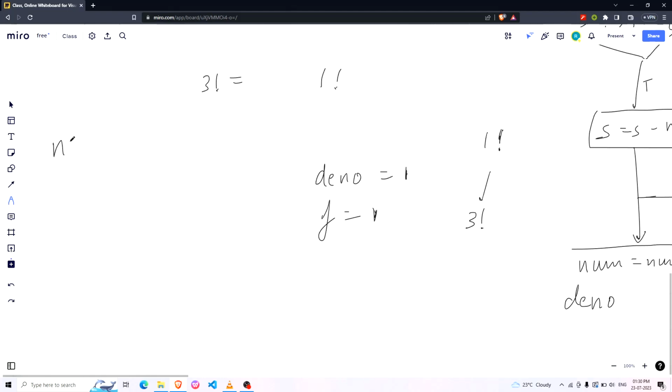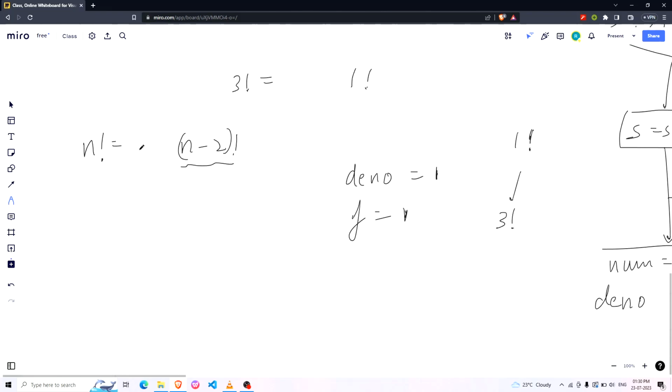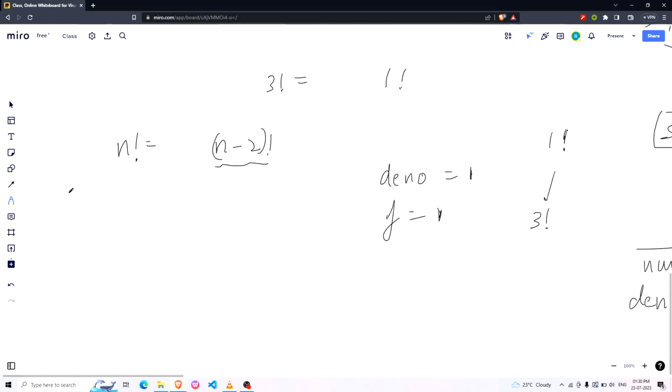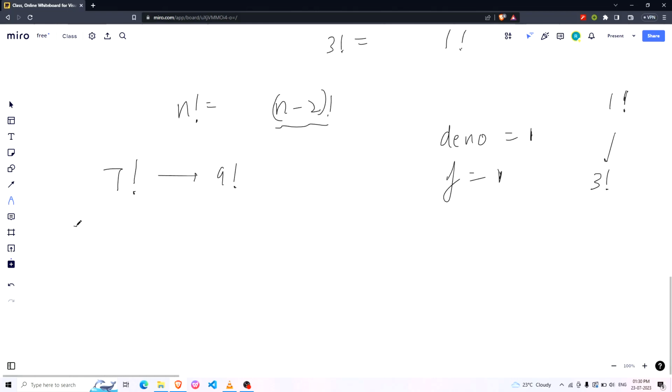Let's see, what's the relation between n factorial and n minus 2 factorial? If we have n minus 2 factorial, can we calculate n factorial? Let's understand this with an example. Suppose we have 7 factorial and after that we need to calculate 9 factorial, how will we do that? Let's write the factorial of 9, which is 9 into 8 into 7 into 6 into 5 into 4 into 3 into 2 into 1.